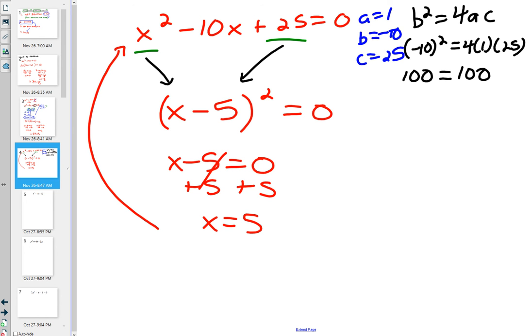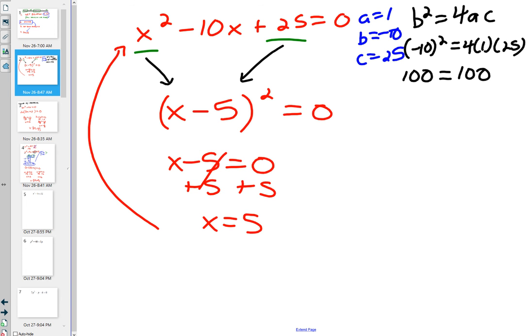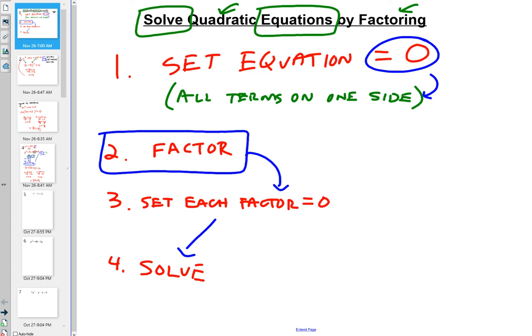How did I get rid of the square? Well, I didn't show it because I gave you a step that says just to make each factor equal to 0. I only have 1 unique factor here, so I just made it equal to 0.